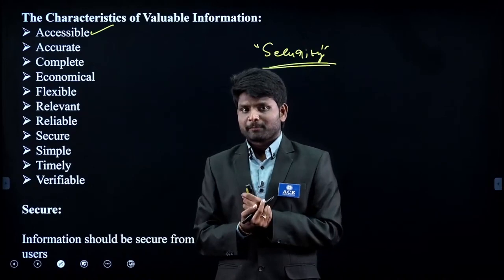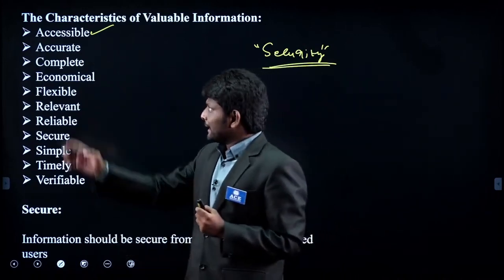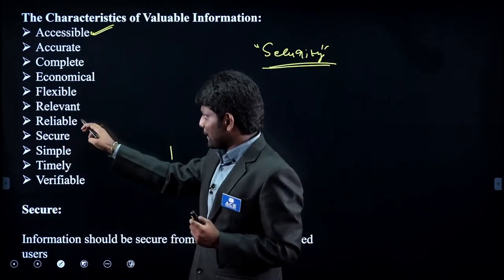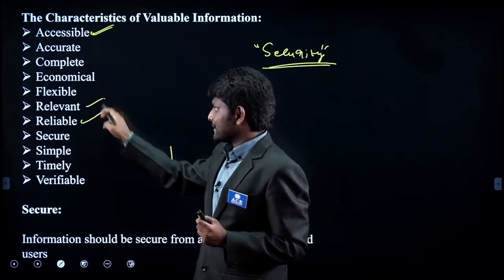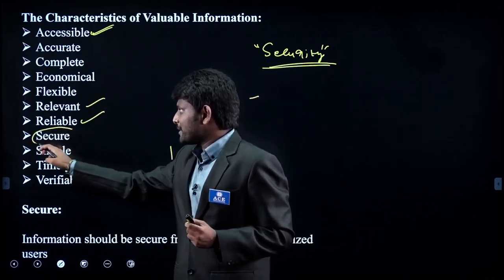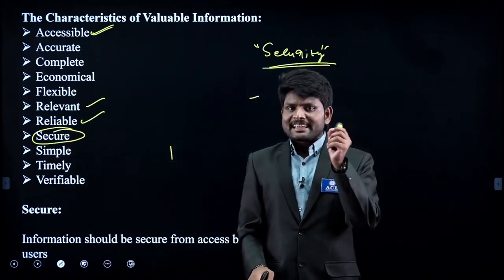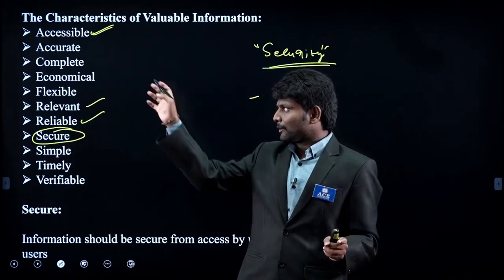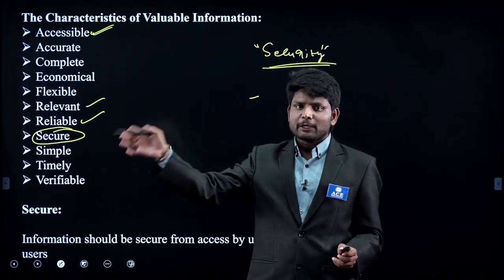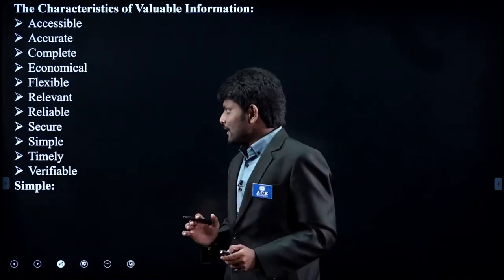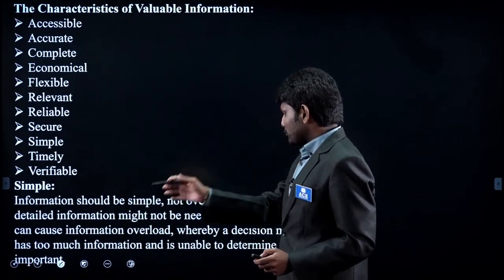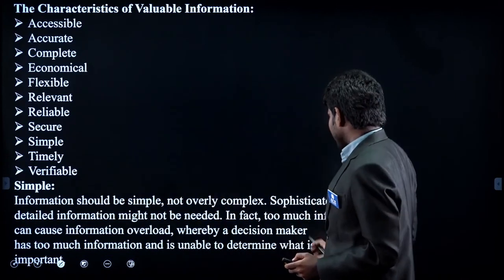It may cause issues. So what I'm trying to say here is, even though accessibility, reliability and relevancy are needed, we need to keep the information in a secured manner. Otherwise, people with malicious intention may overwrite your content and mislead the users. Fine? Simple.